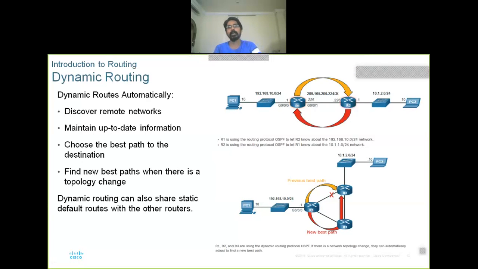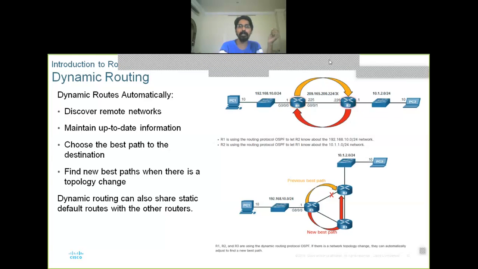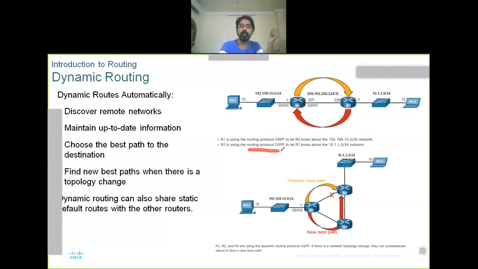Dynamic routing means the routers update the data themselves. R1 shares its routing table data to R2. R2 shares its routing table data to R1. Like this, routers share their data dynamically using some protocols. One of the important protocols is OSPF. RIP is also there, but OSPF is the advanced version.